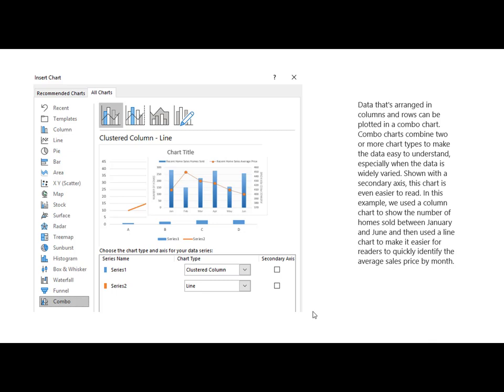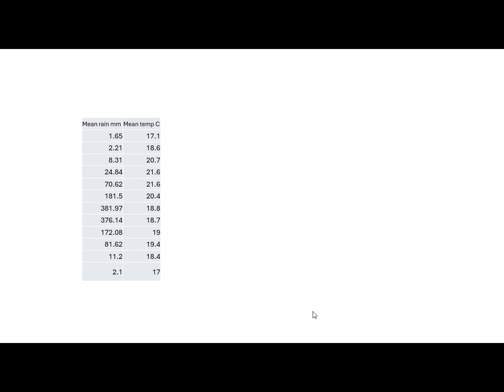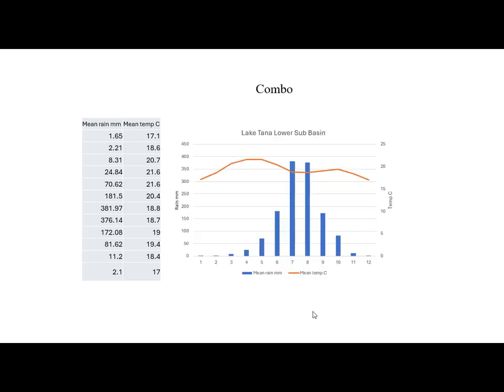In this example, we use a column chart to show the number of homes sold between January and June, and then used a line chart to make it easier for readers to quickly identify the average sales price per month. Again, we can use this chart for scientific or engineering purposes by comparing the mean rainfall in millimeters and the mean temperature in degrees centigrade in the lower sub-basin of Lake Tana in Ethiopia.